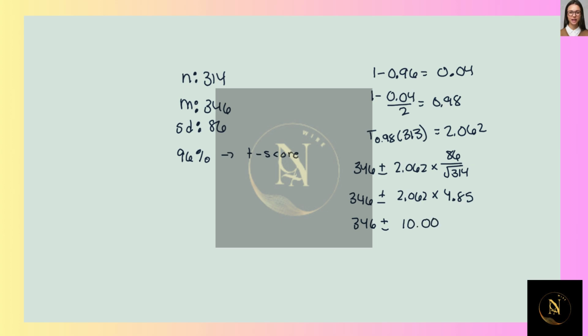So then I have 336, 356. And that is my 96% confidence interval. So the margin of error is 10.